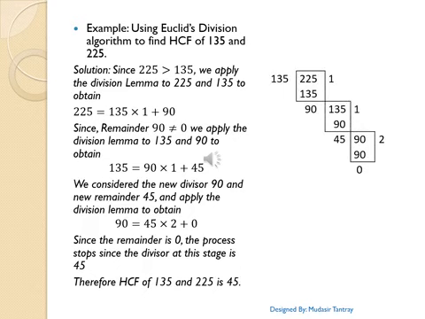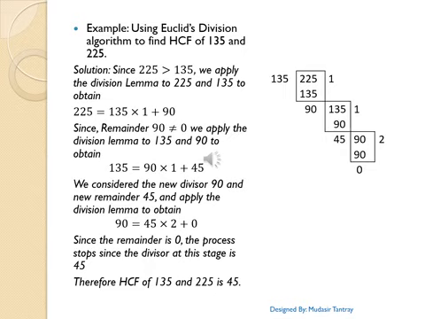Example: using Euclid's division algorithm to find HCF of 135 and 225. Solution: since 225 is greater than 135, we apply the division lemma to 225 and 135 to obtain 225 is equal to 135 into 1 plus 90.